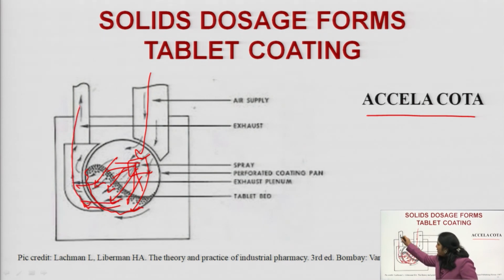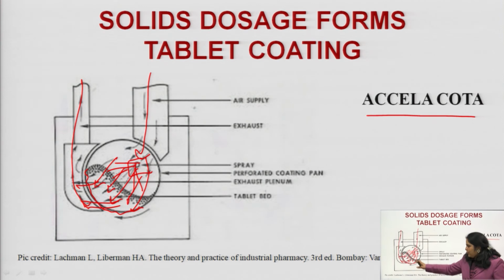So, in the Accela Cota there is better contact between the tablet bed and the hot air. So, drying efficiency is further increased in the Accela Cota. It suited pilot plant batches more than the single pan type of coating equipment.